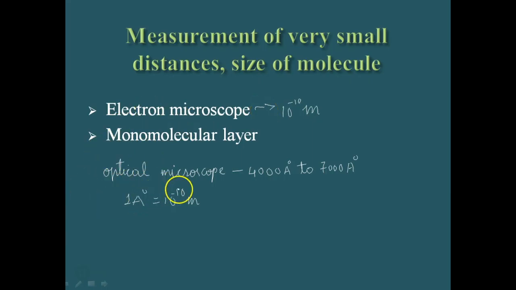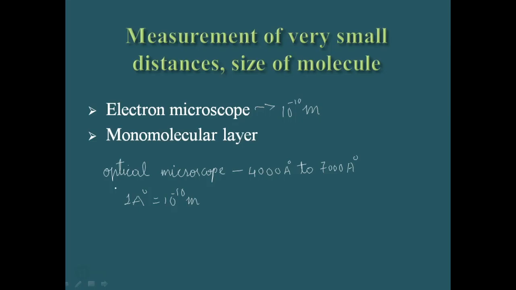In an optical microscope we use light waves, so light has the property that it is a wave, so it can measure up to 10 raised to minus 10 meter. Similarly, an electron microscope can also measure up to 10 raised to minus 10 meter. So these electron microscopes can almost resolve atoms and molecules in a material.